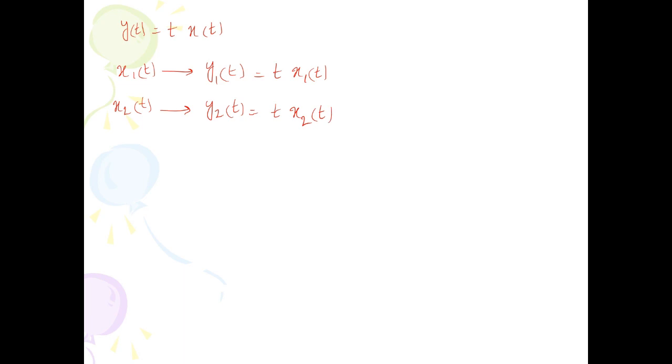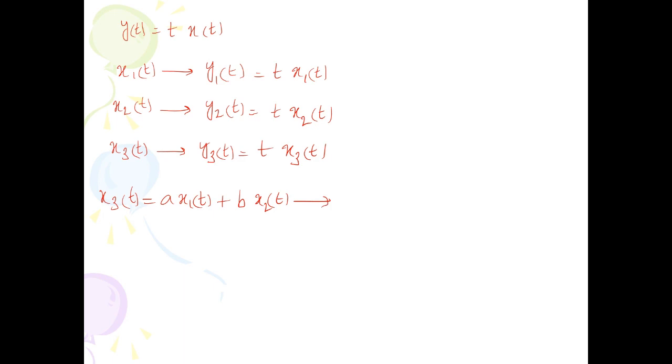Then you apply x3 of t, then you should get y3 of t, and this should be equal to t into x3 of t. Then what is x3 of t? Which is nothing but a into x1 of t plus b into x2 of t.